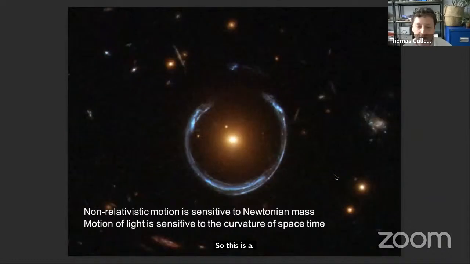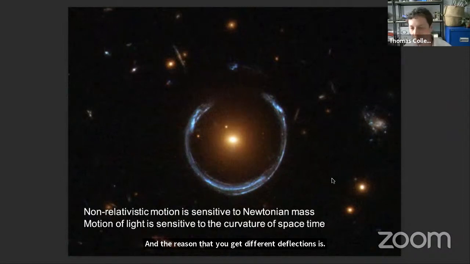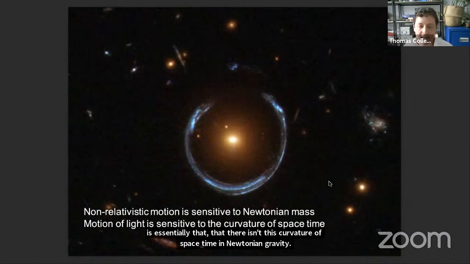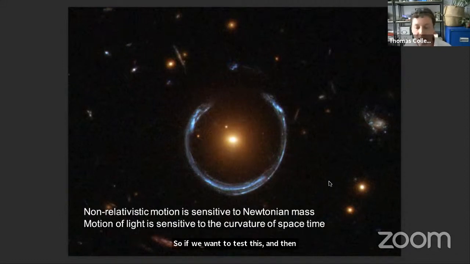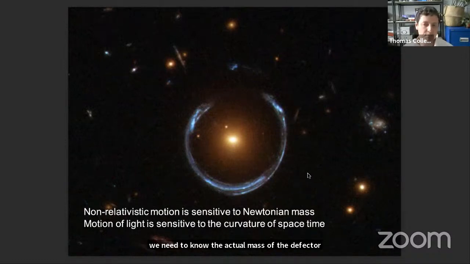The reason that you get different deflections is essentially that there isn't this curvature of space-time in Newtonian gravity. So if we want to test this, then we need two things. We need to know the actual mass of the deflector, and we need to be able to measure the size of the deflections.